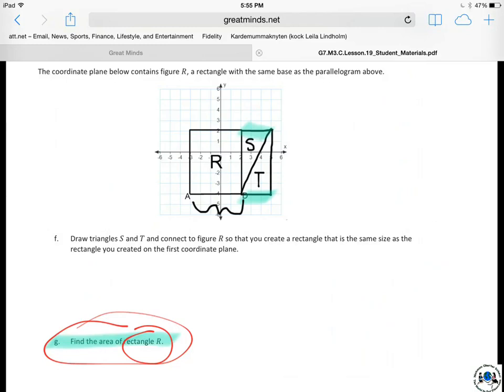Of course we need our base, and we can see that our base is 5, and we know it's 5 because it's the same base as the parallelogram from before.